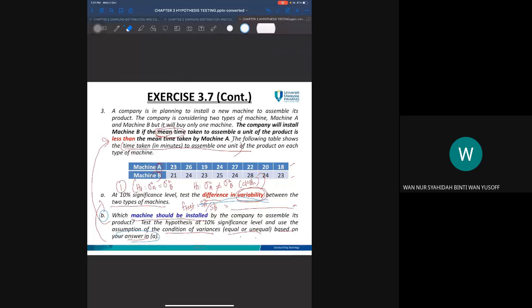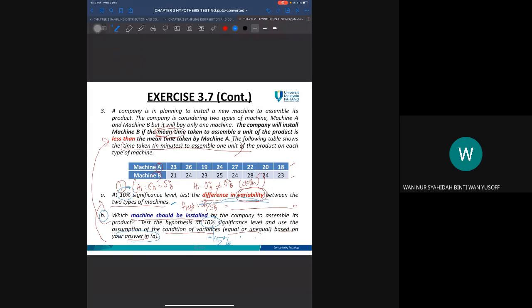When you have this kind of question, one thing you have to confirm is the alpha. The alpha here and here must be similar to each other. If the alpha here is different from A, let's say here you have 5%, then kita tak boleh pakai your answer in A because of different alpha.